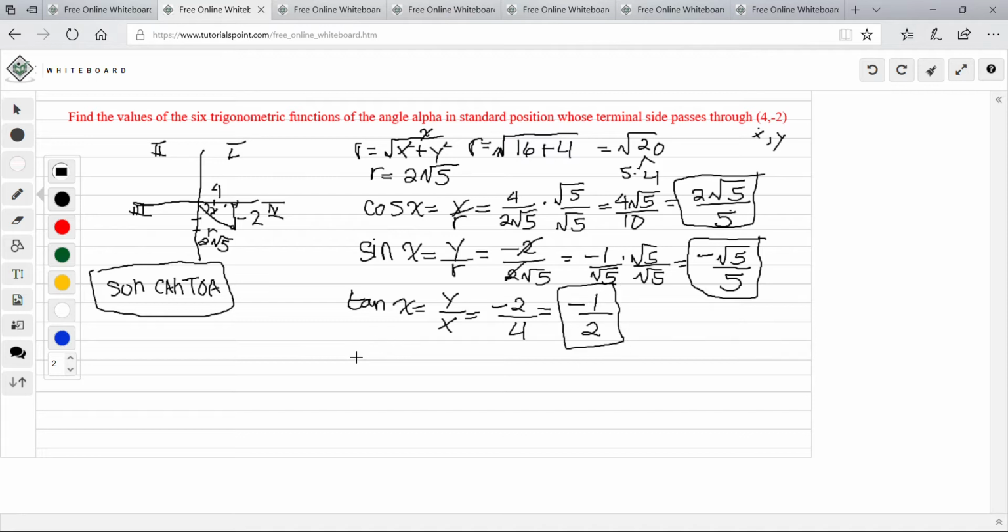Let's do cotangent alpha. Cotangent is the reciprocal of tangent, so whatever tangent is, it's just flipped. What's the reciprocal of -1/2? It's -2 over 1, or just -2.